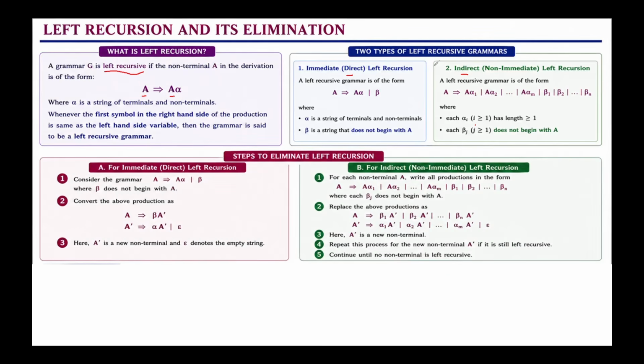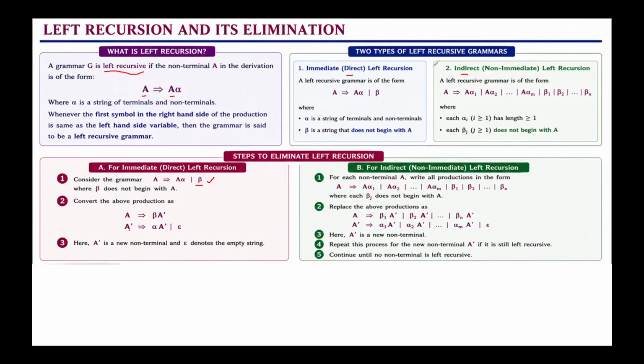Here are the steps to eliminate left recursion. First, we'll see how to eliminate the left recursion for immediate or direct left recursion. For example, if we have the grammar A tends to A alpha or beta, where beta does not begin with A, convert this production as A tends to beta A dash, including one more non-terminal A dash.